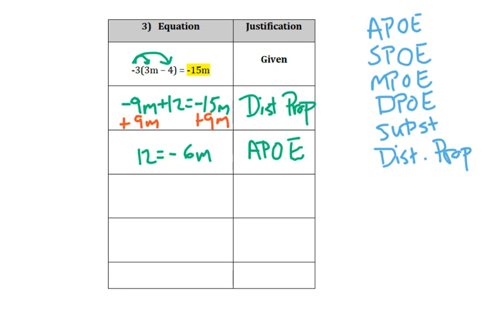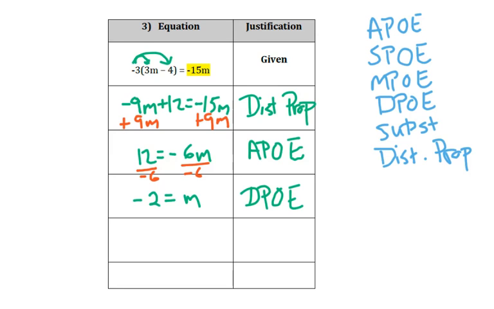Next, we want to get m by itself, so we're going to do the opposite of -6 times m and divide by -6. That would be using the division property of equality, which results in -2 equals m.